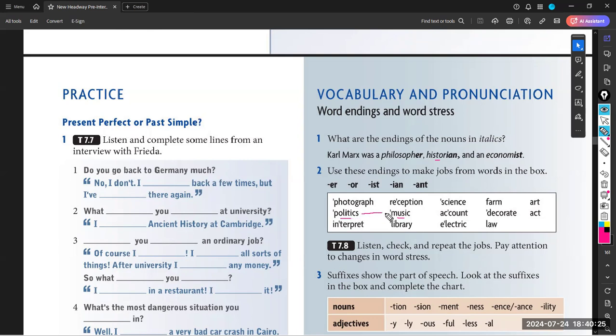Politician. I have to write the same suffix. So it is what? Musician. Thank you. So musician is the person who plays the music. Okay? Now library. Wait, I don't want to skip.